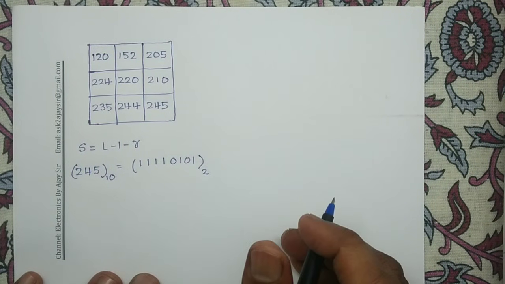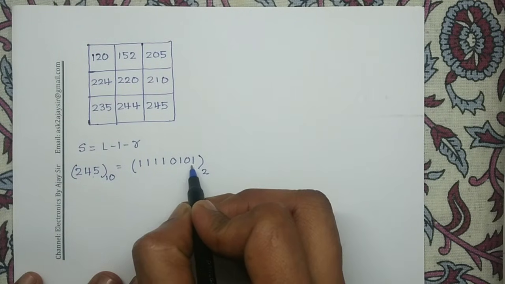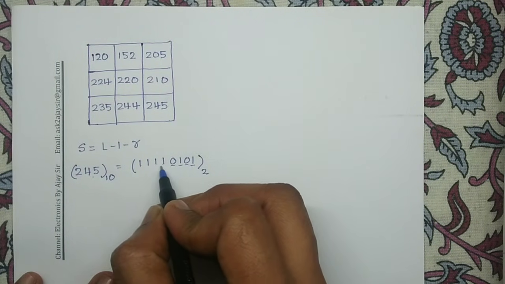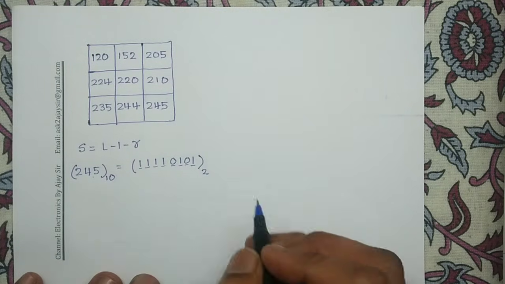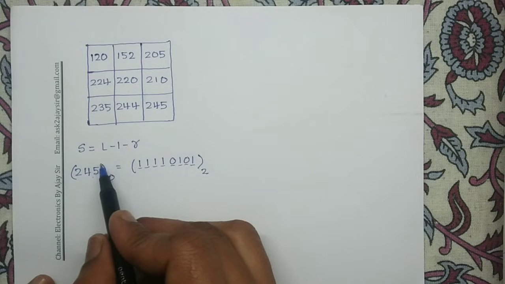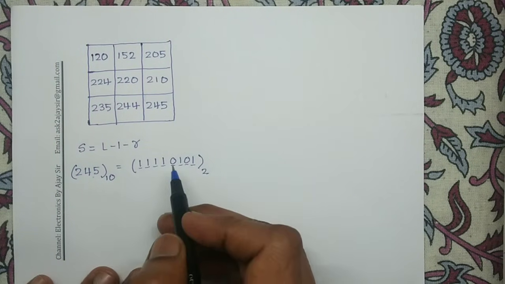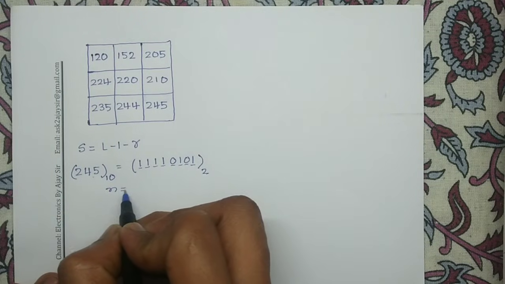The minimum number of bits required to represent this decimal number 245 is 1, 2, 3, 4, 5, 6, 7, 8. So the minimum number of bits required is 8. So n equals to 8.